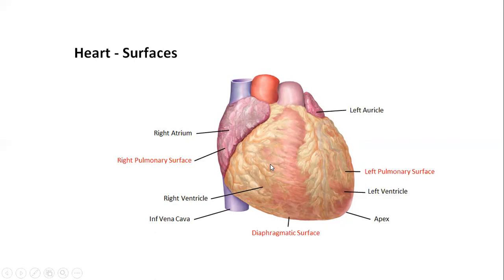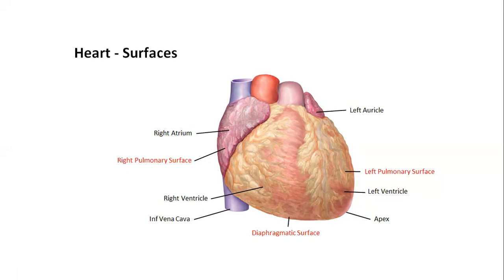Inferior surface has another name which is called diaphragmatic surface. Diaphragmatic surface is named so because, as you know from the previous lecture on the pericardium, the diaphragmatic surface of the heart along with the pericardium is in close relation or fused with the central tendon of the diaphragm.